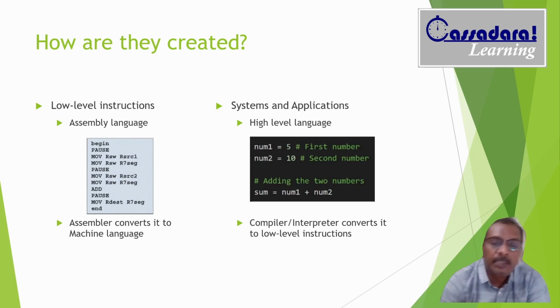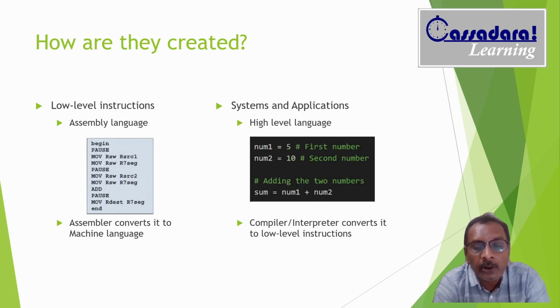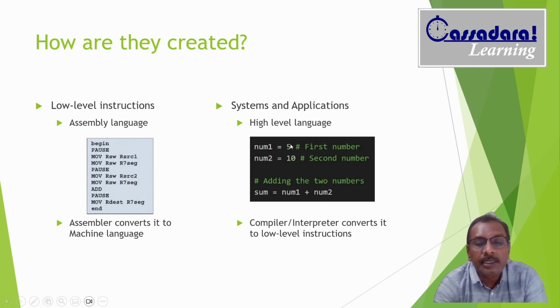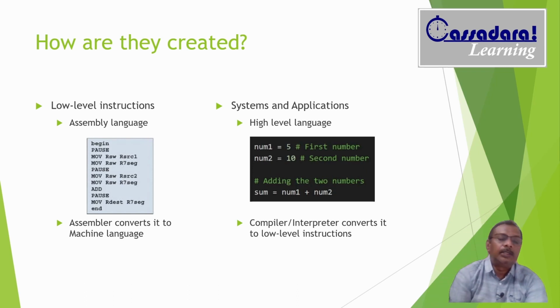Now for this to work, we need something called a compiler or interpreter. What this compiler or interpreter does is take this high level language and convert it into this low level language automatically, so that the assembler can convert it into a machine language and give it to the machine, right?